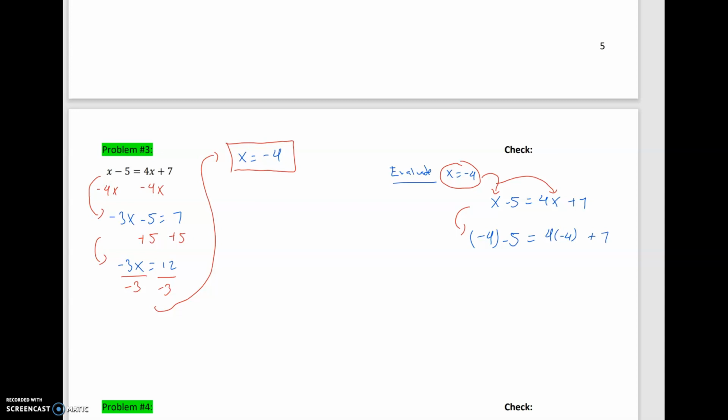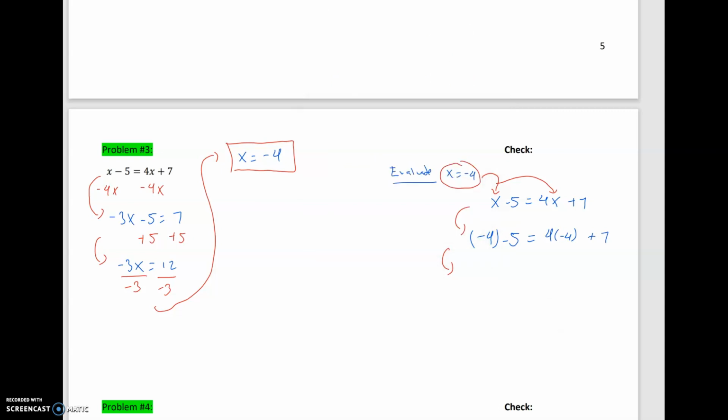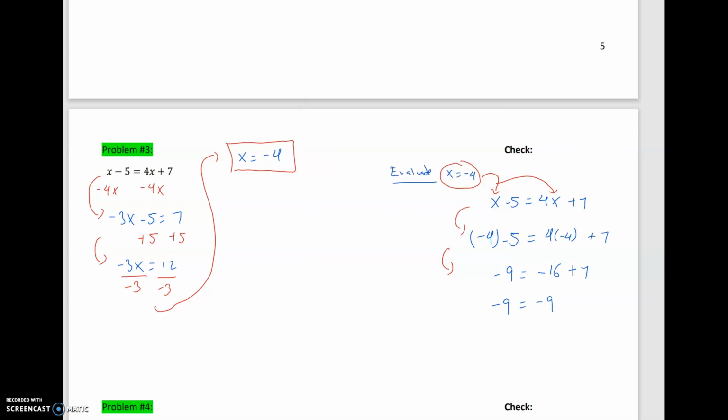On the left hand side, be careful, you're actually subtracting. So negative 4 minus 5 is going to give us a negative 9. This is equal to negative 16 plus 7. Negative 9 is equal to negative 9 after we add the negative 16 and the 7. And that's our check. We're verifying that we have a true statement.